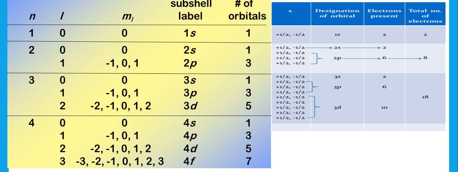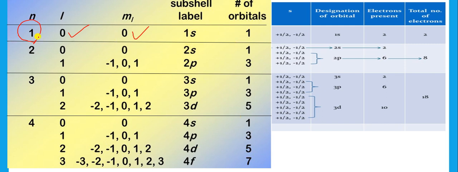we can see the relationship of all of these in one table. When n equals 1, the first orbit, the value of l, the azimuthal quantum number, is from 0 to n minus 1, that is 0, and its magnetic quantum number is plus minus l, that is 0. Okay students, the subshell related to it is 1s, and the number of orbitals is 1.